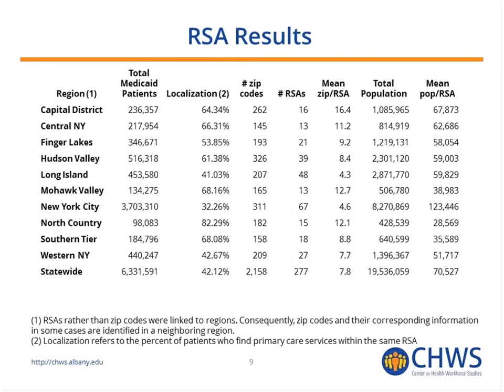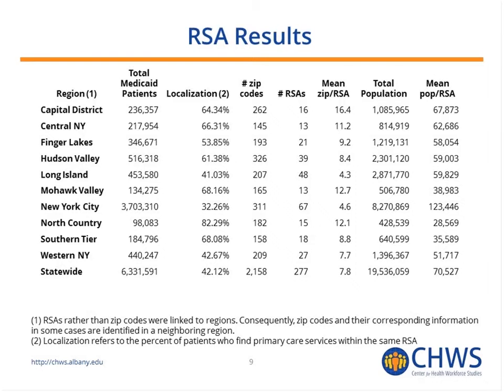Once we did our initial analysis, we have maps at the end of the presentation that, if we have time, I'll go into and show you how we stepped through this work. We started looking at what the travel pattern showed us, and we realized we weren't following HRSA guidelines.